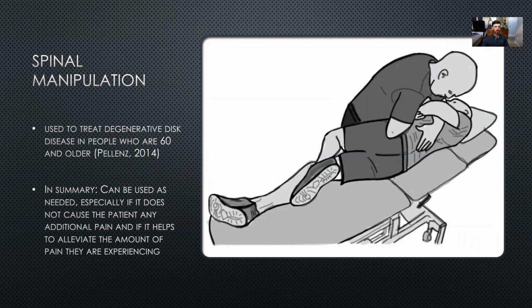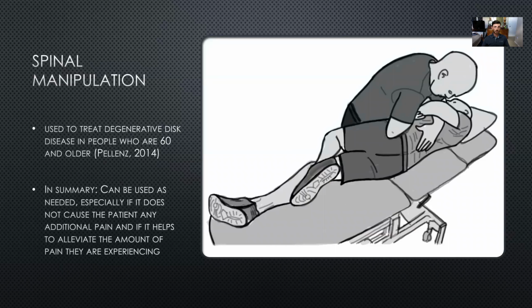So going on with more spinal manipulation stuff, it can be used to treat degenerative disc disease in people who are older. So this can be performed on young people, old people, middle-aged people. Age doesn't really matter. It's more about the comfort of the caregiver.